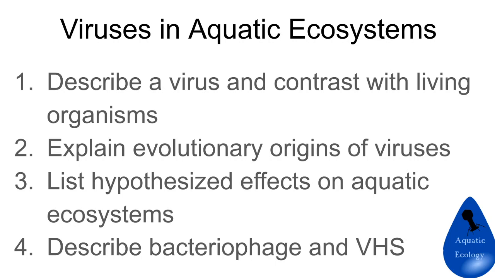You should be able to list and explain those three hypotheses describing where viruses come from. You should be able to talk a little bit about the likely effects of viruses on ecosystems, and then you should be able to describe bacteriophage as well as viral hemorrhagic septicemia as important parts of aquatic ecosystems.